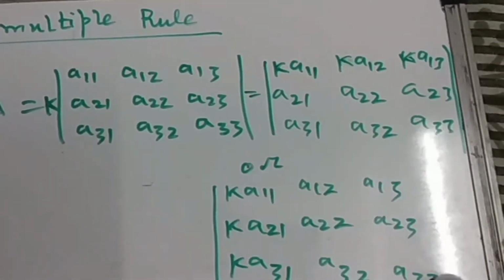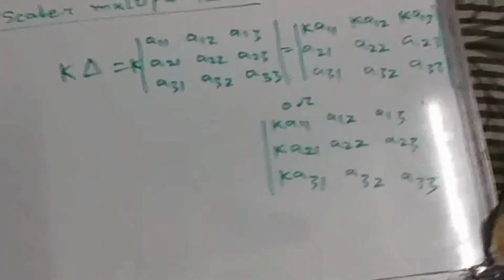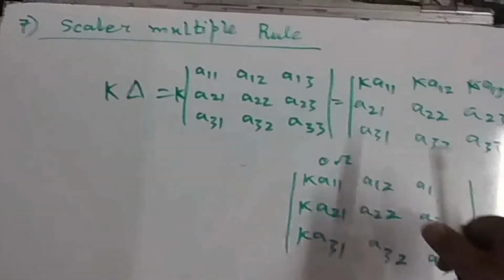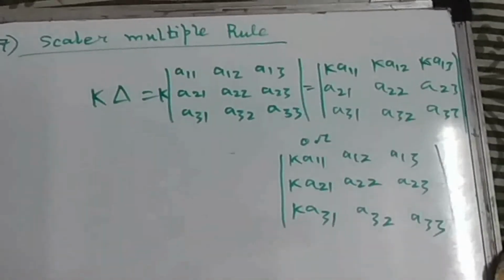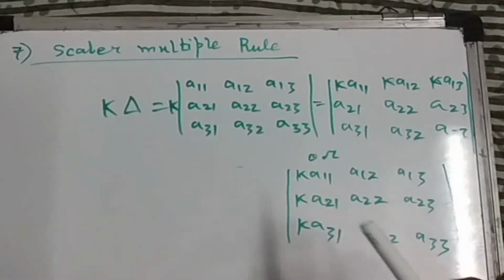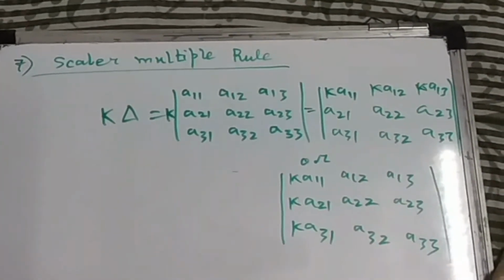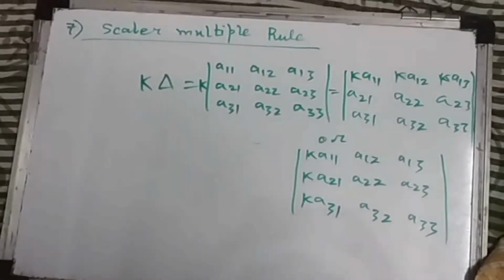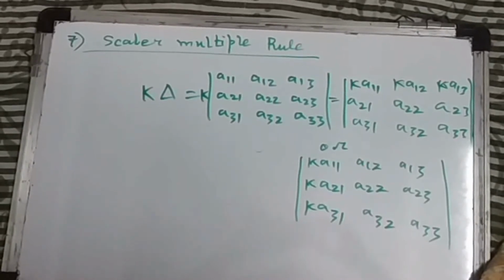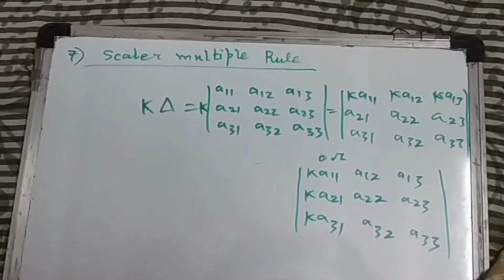You can multiply in the second column also, your choice. In any one row or in any one column you have to multiply. Not that you multiply with every row or every column. That is not possible, and I will discuss why. Because it is not a matrix, it is a determinant.